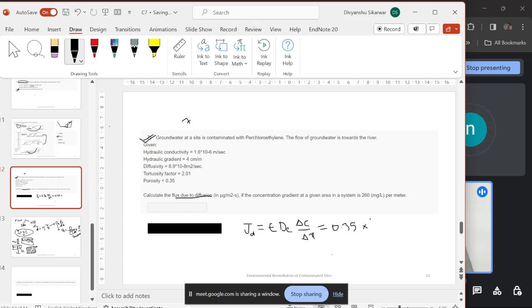Then for the D value we have diffusivity of 8.9 divided by 2.01.